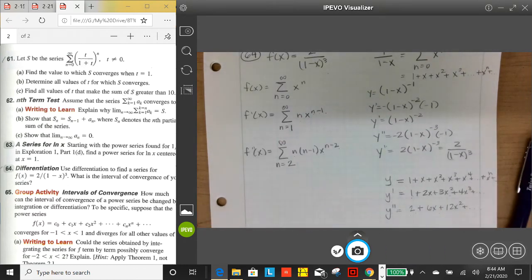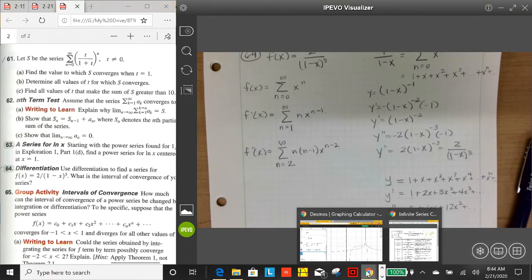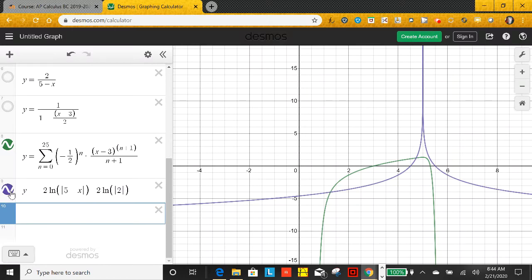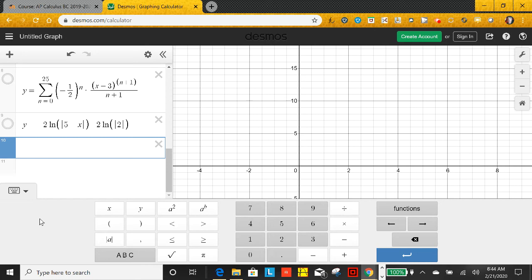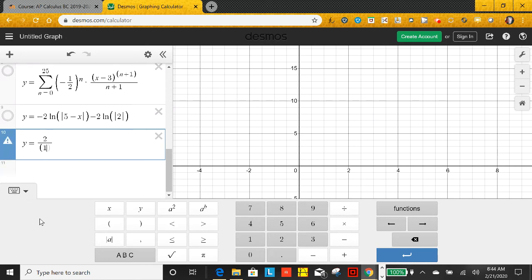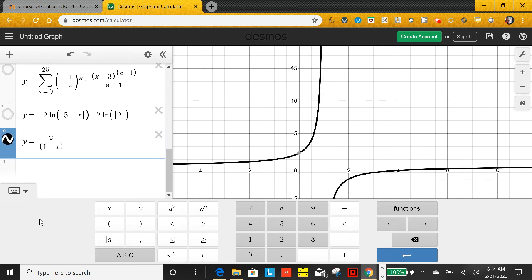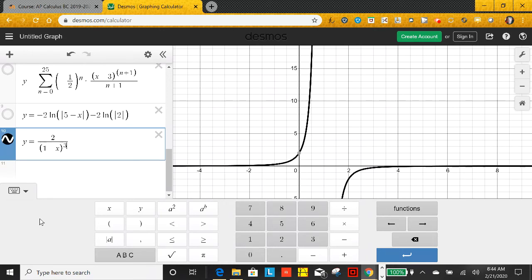Okay, and let's prove to you that that actually does equal what we need it to equal. My dirty laundry here, we'll get that worked out. So we're going to say y equals 2 divided by (1 minus x) raised to the third. That's my function that I'm trying to find the power series for.